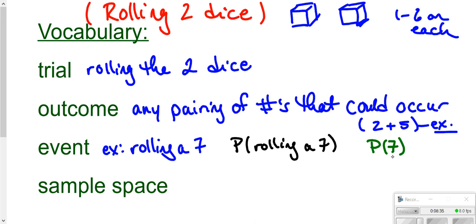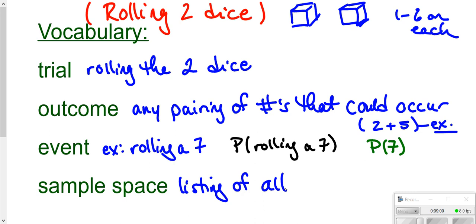And then the sample space is the listing of all the possible outcomes. If you think about the fact that we have 2 6-sided dice, each die has 6 different faces. So there are going to be 36, or 6 times 6, ways of those dice showing up.